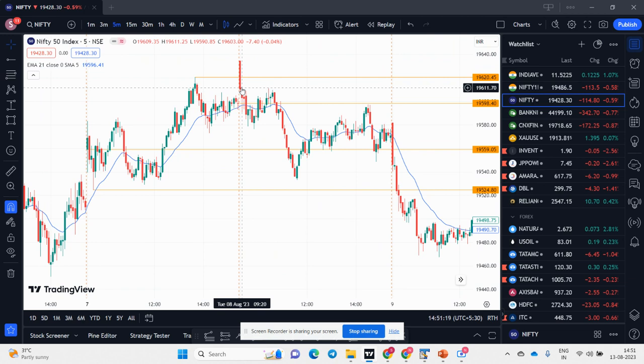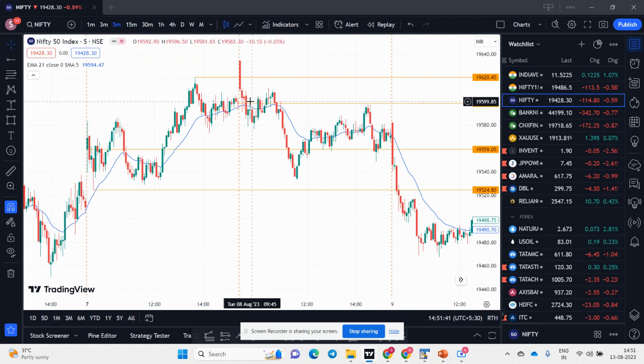So we need to wait for the second rule to match. The second candle closes below this 21 day EMA. So this satisfies it is closing below one of the previous day lines, and also the 21 day EMA.